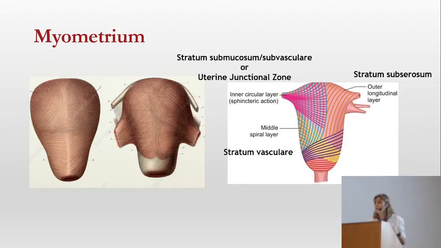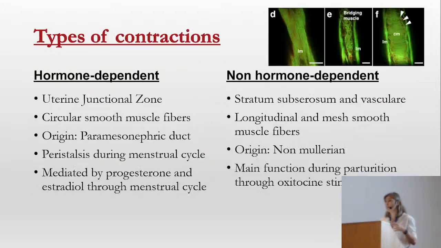First, the hormone-dependent contractions happen in the junctional zone, and this is directly related to progesterone and estradiol levels during the menstrual cycle. Meanwhile, the non-hormone-dependent contractions occur in the other two strata, subserosum and vascularis, which have another embryological origin, and their main function is during parturition.